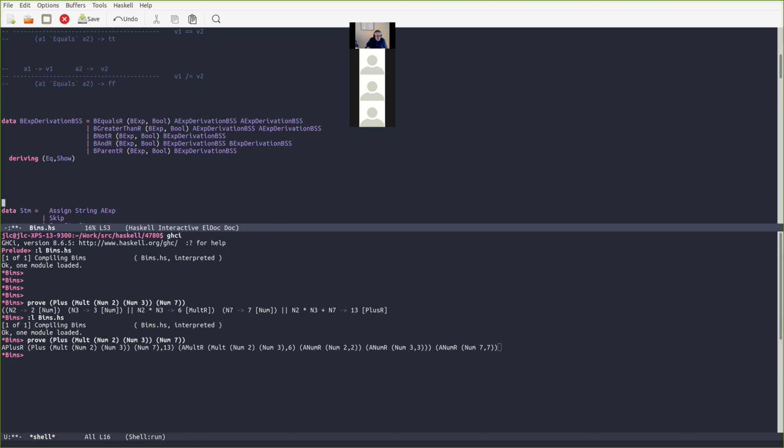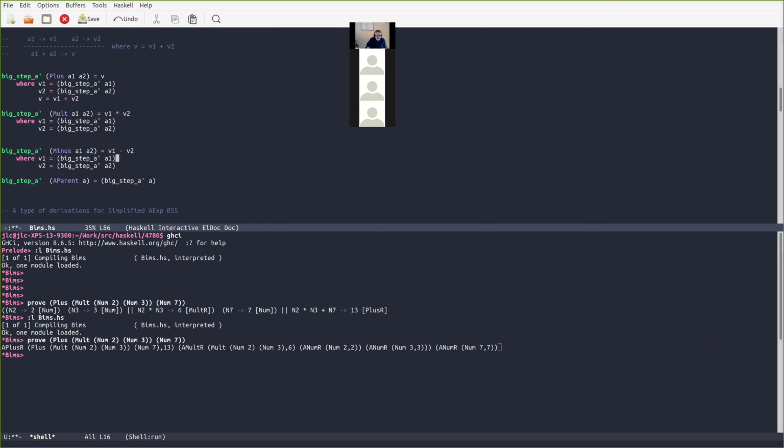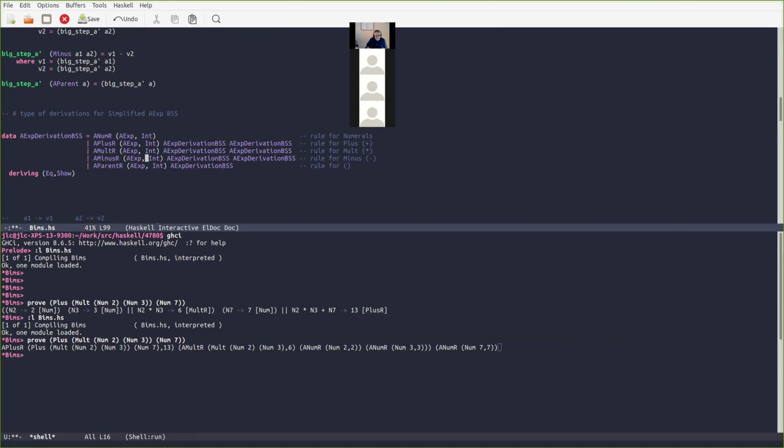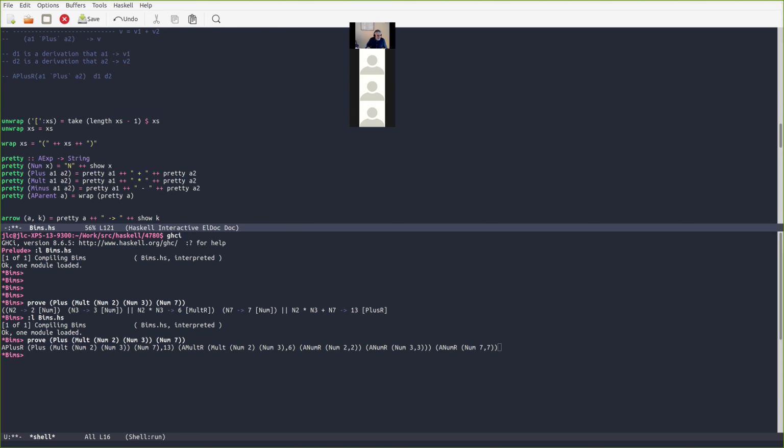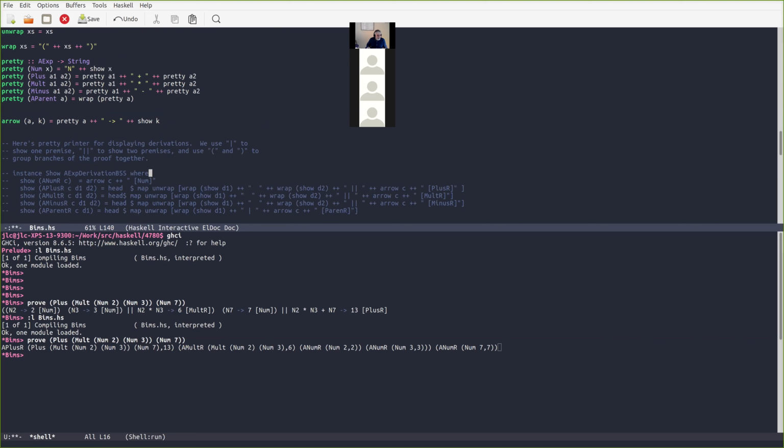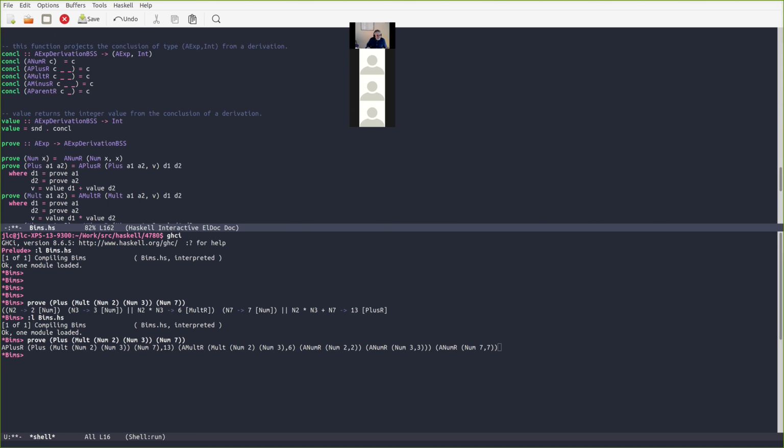Now, you have the same thing here with plus, for example. This has two A expression derivations above it. So prove is where it's interesting.